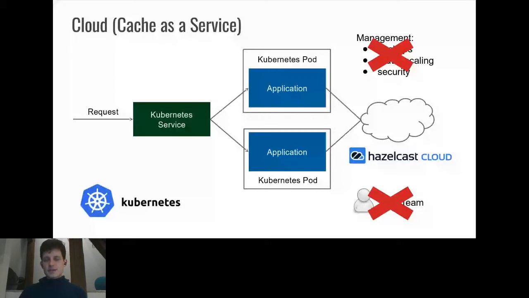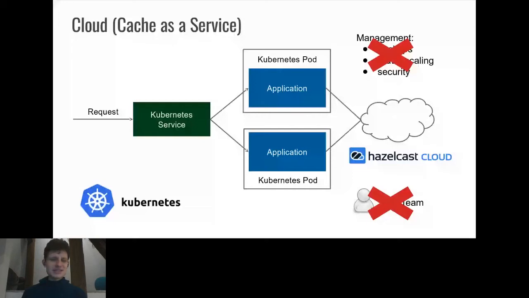So how would the client configuration look for that? This is how the Spring configuration looks. You create your cache server in the cloud using the console or CLI, and then your cache server returns a discovery token. You put your discovery token in your client configuration, and again, the client will find its way to the cache server located in the cloud.